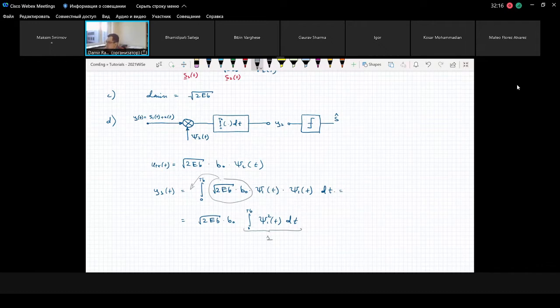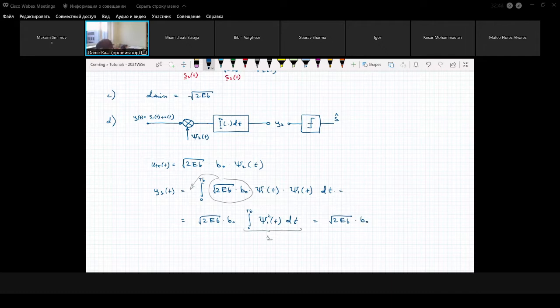So far, we assume the ideal situation, where we don't have any noise, only signal S, and we look at what we see as output after this processing. And what we see is that the output will be 2EB under square root times B0.